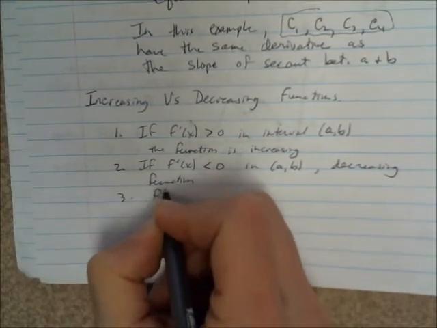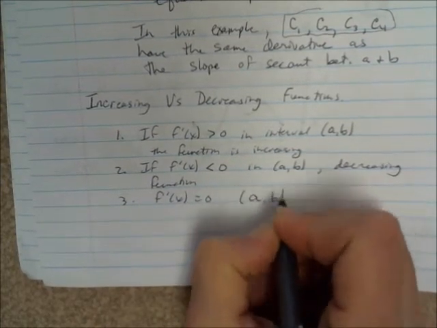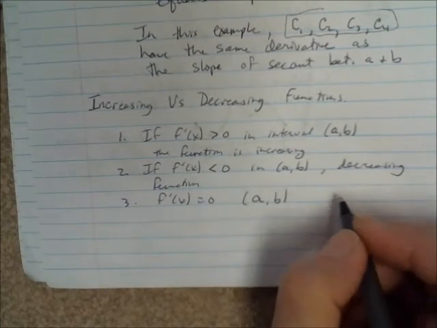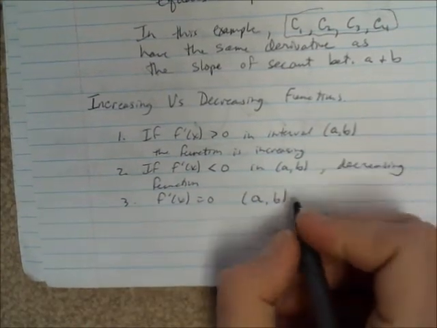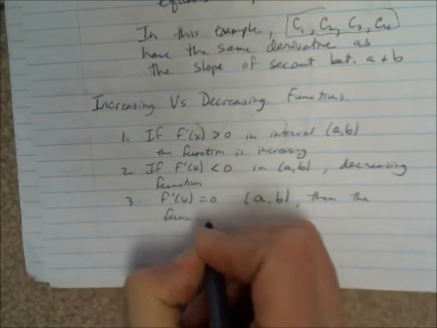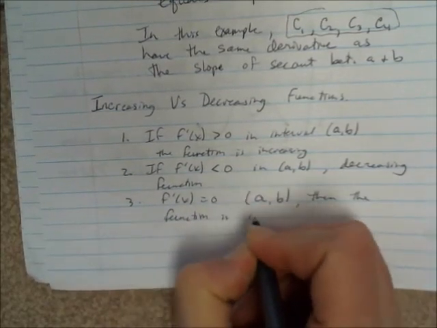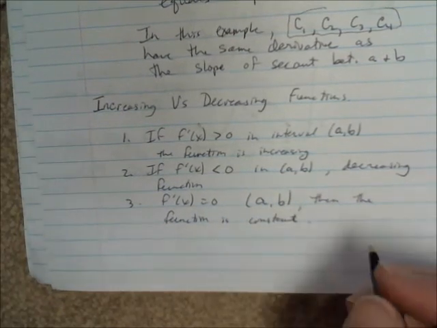And if f prime of x is equal to 0, and it could be equal to 0 on an interval, it means it's flat, straight across from A to B horizontally, then it's constant on that interval from A to B.